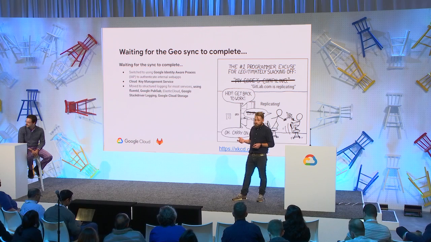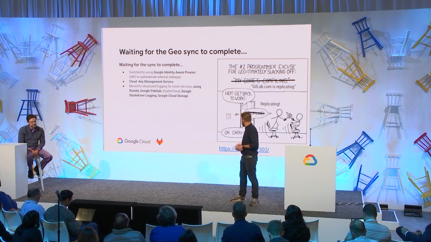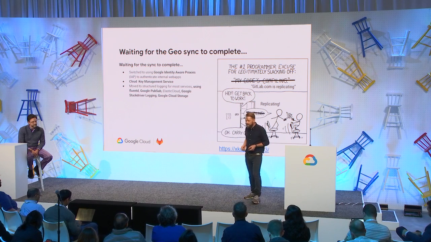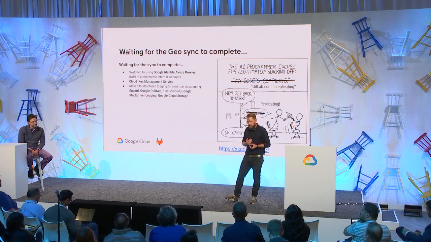So we began to set up the new environment, and we started the replication process, and we started replicating non-Git content to object storage. Now, being remote means that we can't spend our time playing sword fights in the hallways while we wait for things, so we used the time to be productive, and we started implementing other features in our new environment. We set up identity-aware proxies for all of our internal web apps.